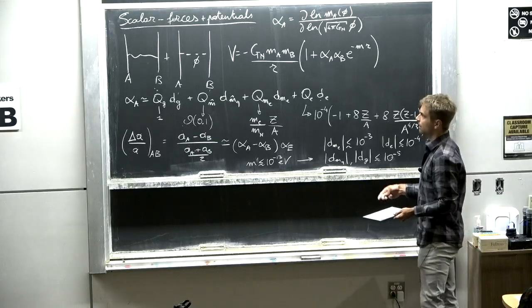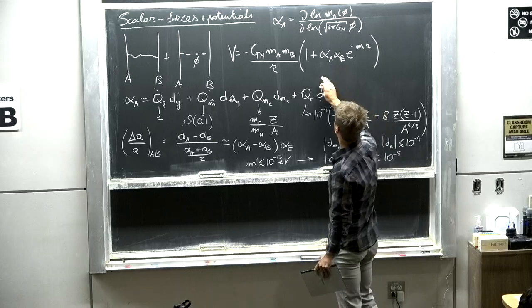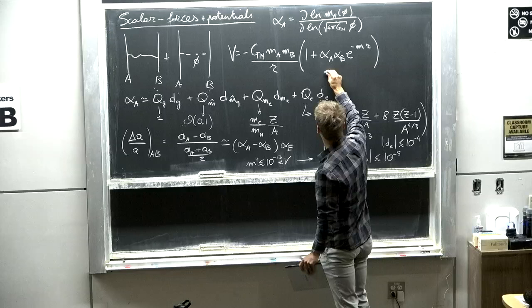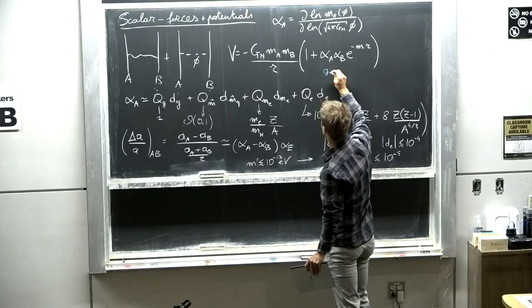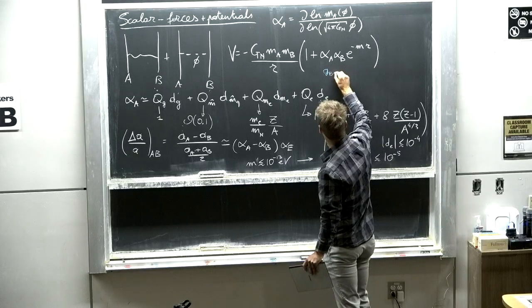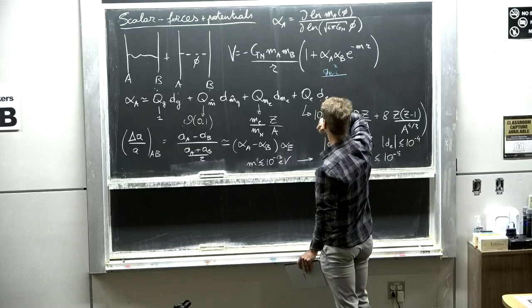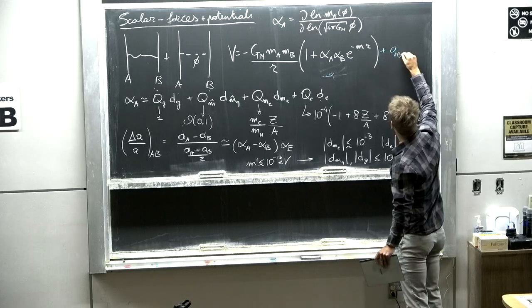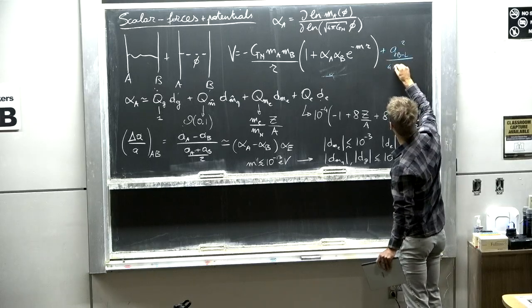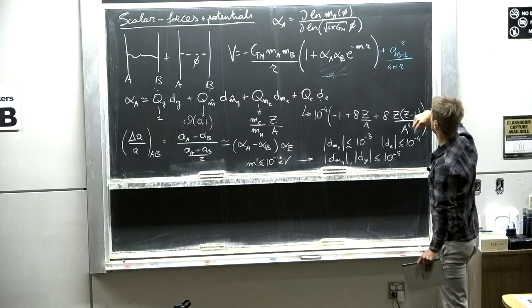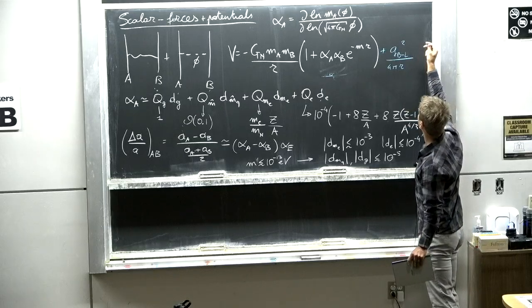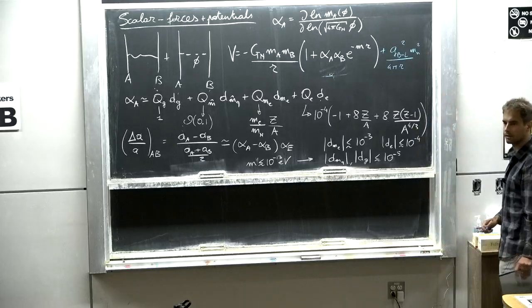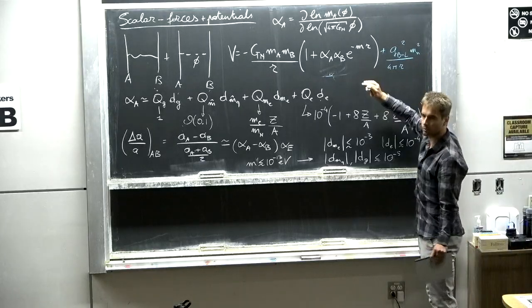So you would get a correction here, which would be plus g_{B-L}^2 over 4 pi r, coupled only to neutrons, with e to the minus m r as well.